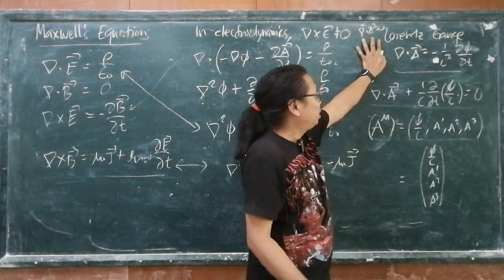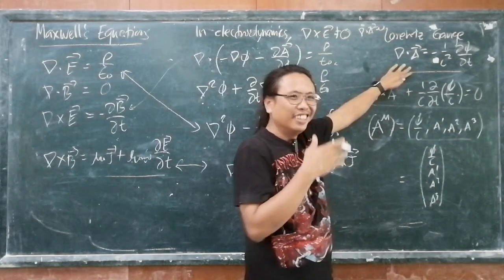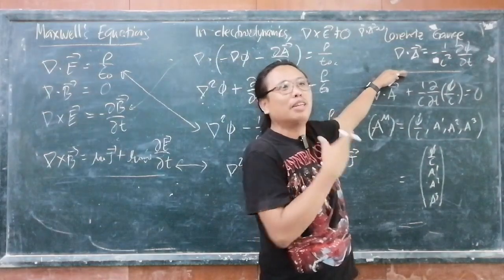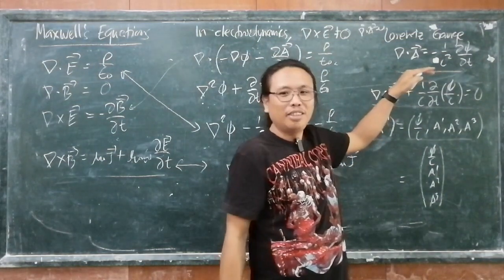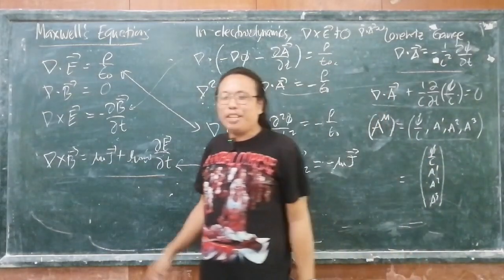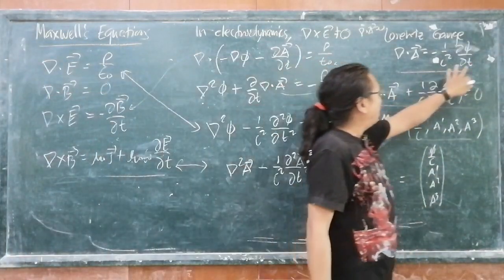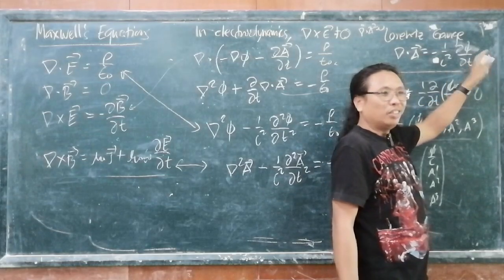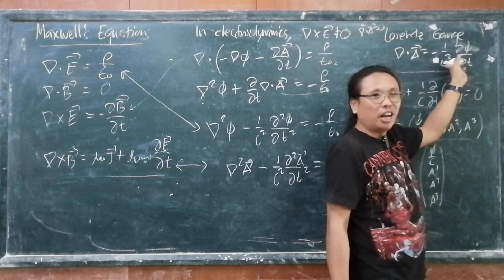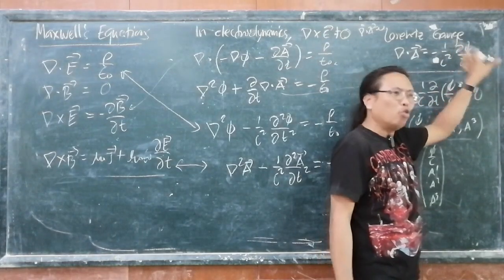The Lorentz gauge is saying that the divergence of the vector potential is set equal to the temporal derivative of the scalar potential, the electric potential.